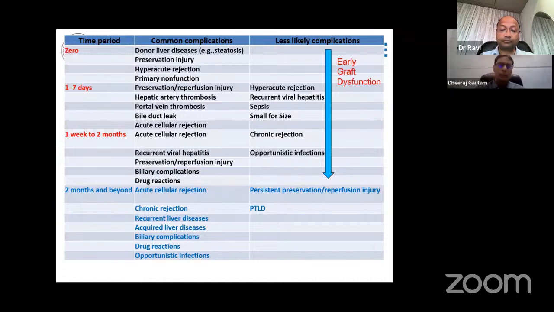Recurrent viral hepatitis, preservation reperfusion injury, biliary complication, and drug reactions. And 2 months and beyond, it can be acute rejection, chronic rejection, recurrent liver disease, acquired liver disease, biliary complication, and less likely are persistent preservation reperfusion injury or PTLD.